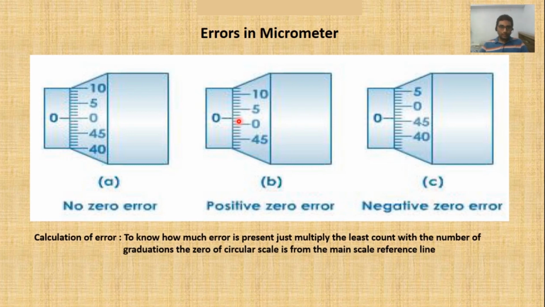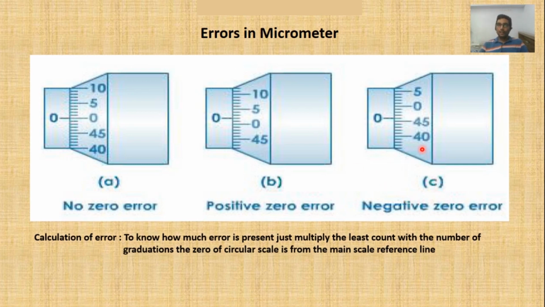In example B, you can see that there are two graduations by which the zero of the circular scale lies below the zero of the main scale. So you can say that 2 into 0.01, that is 0.02, is the error present in this micrometer. That is, it will be plus 0.02.